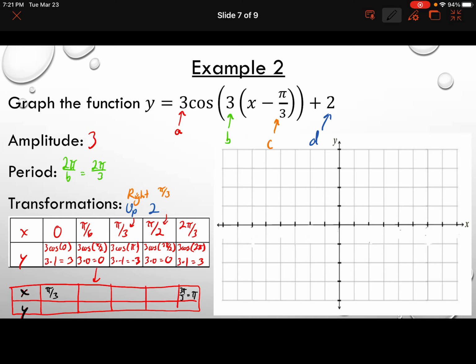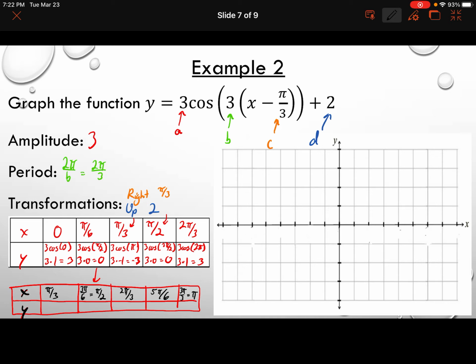We're going to add pi over 6 to pi over 3, so that's going to become 3 pi over 6, so that's pi over 2. Pi over 3 is going to become 2 pi over 3. And then pi over 2 is going to become 5 pi over 6.